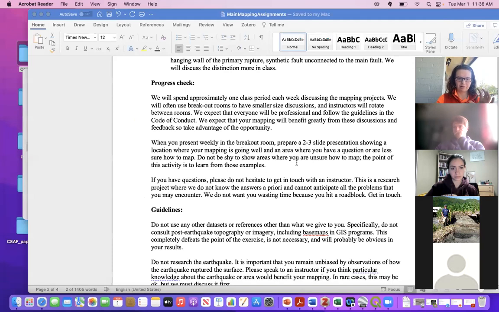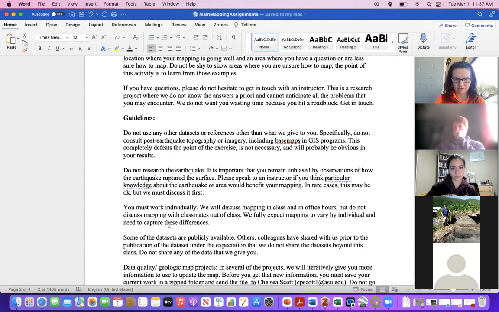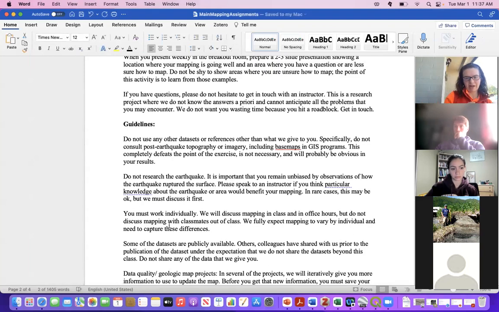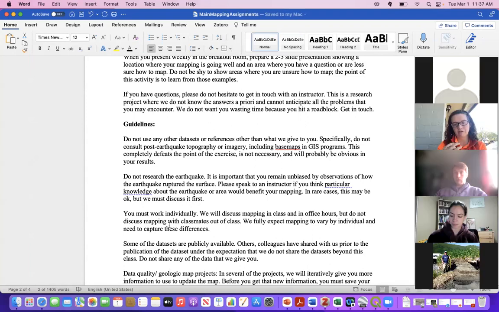Okay, so now I'm going to go over a few guidelines for the project. In the emails that you received today, I indicated, at least for many of the projects, the data that you should use for those mapping assignments. It's really important that you do not consult any post-earthquake topography or imagery.